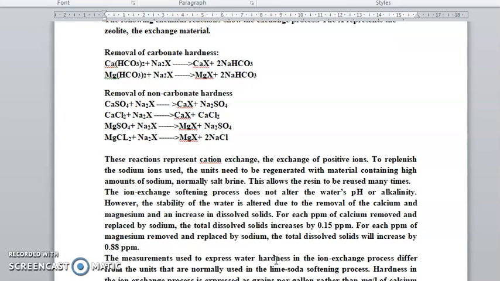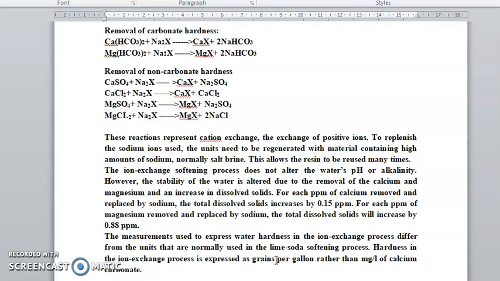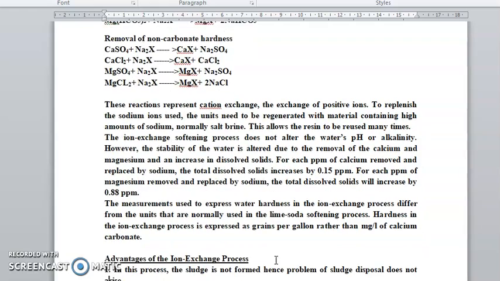The measurement used to express water hardness in the ion exchange process differs from the units normally used in lime soda softening. Hardness in the ion exchange process is expressed as grains per gallon rather than mg per liter of calcium carbonate.